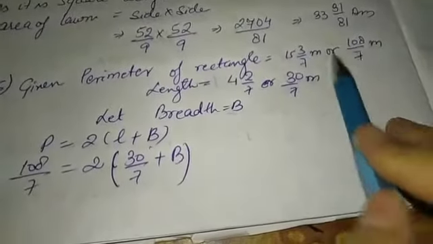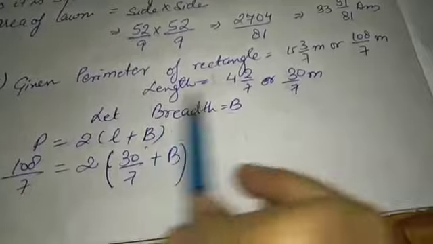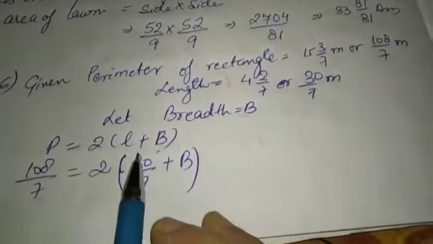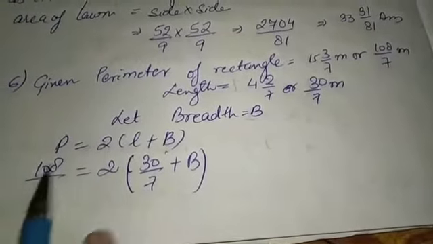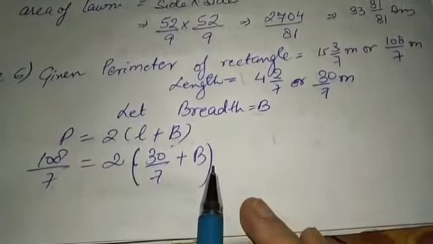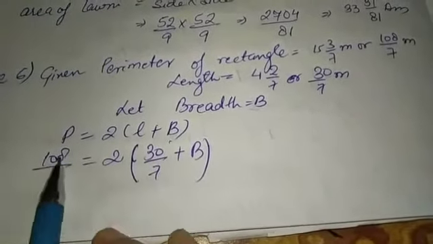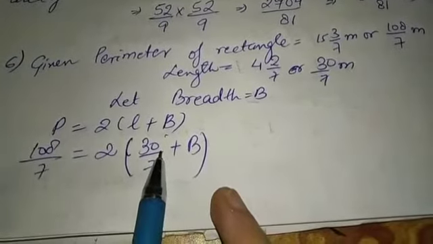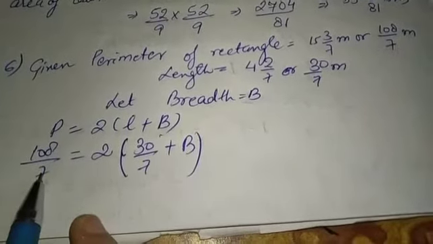Perimeter is equal to 108/7. Length is equal to 30/7. Perimeter is equal to 2 into (length plus breadth). Okay, putting the values here, breadth is not known, so I put B. Now I will multiply this 2 to this side. This will become 60/7, and here it is 108/7.